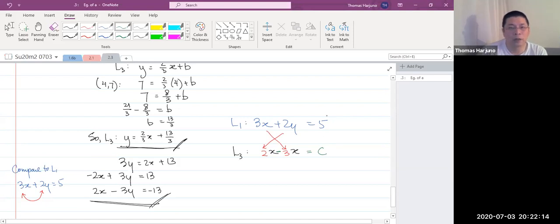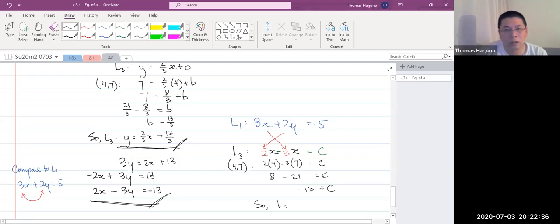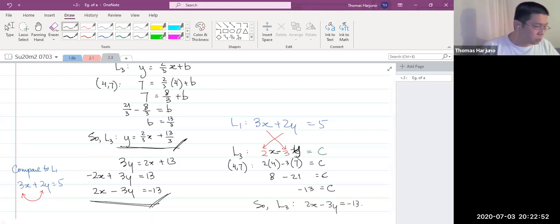Now, how do we find the C? Again, I plug in the coordinate. So line 3 will be 2x minus 3y, I'm sorry, it should be plus y here, equals -13.